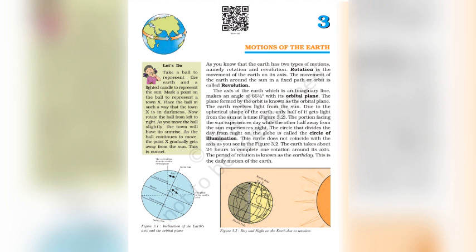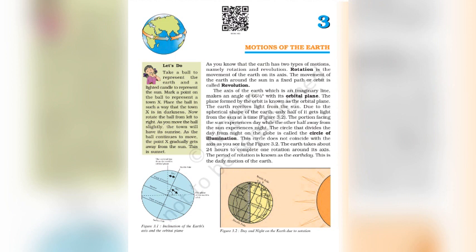On 22nd December, the Tropic of Capricorn receives direct rays of the sun as the south pole tilts towards it. As the sun's rays fall vertically at the Tropic of Capricorn, 23.5 degrees south, a larger portion of the southern hemisphere gets light.